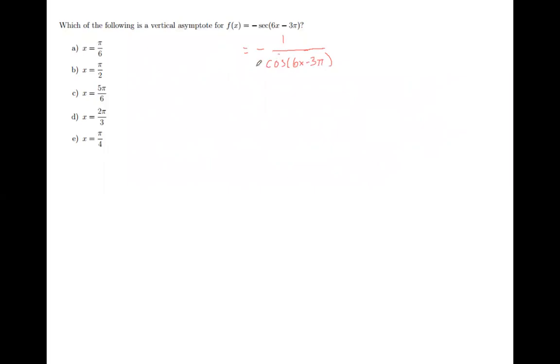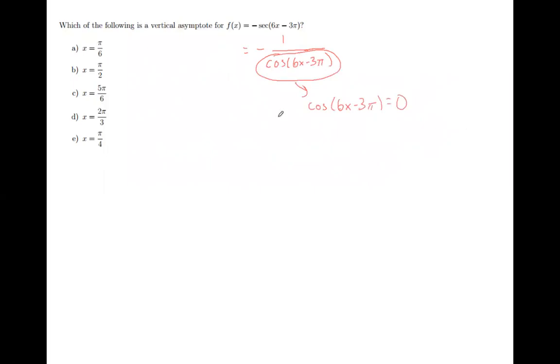Then remember that the vertical asymptotes occur when that denominator is equal to 0. So we want the cosine of 6x minus 3 pi to be 0, because then the secant does not exist. We'll have a vertical asymptote there.